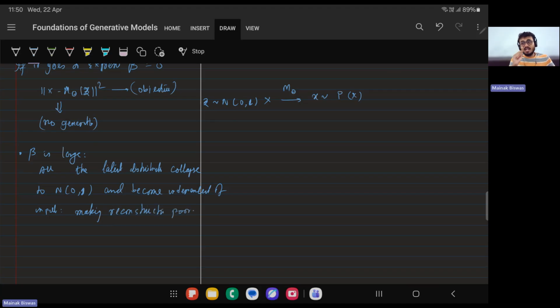So if it is too large, generation can be poor too. Poor as in what would happen?